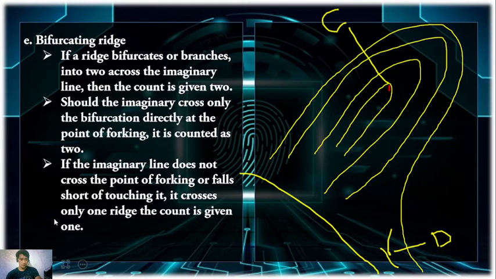Okay, so dito pala tayo bubuo. Starting from here, going down to the delta. So with that, we were able to create an imaginary line. And then sabihin natin, sa imaginary line na ito, merong naka-cross na bifurcating ridge.